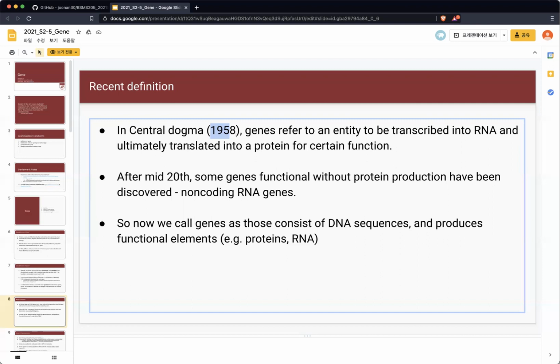As I explained, after the mid 20th century, other than proteins, people also thought the intermediate unit, RNAs, can work as the final functional unit. So another area arose from that thought: we thought about non-coding RNA at the time. These two things were formed around the central dogma idea.